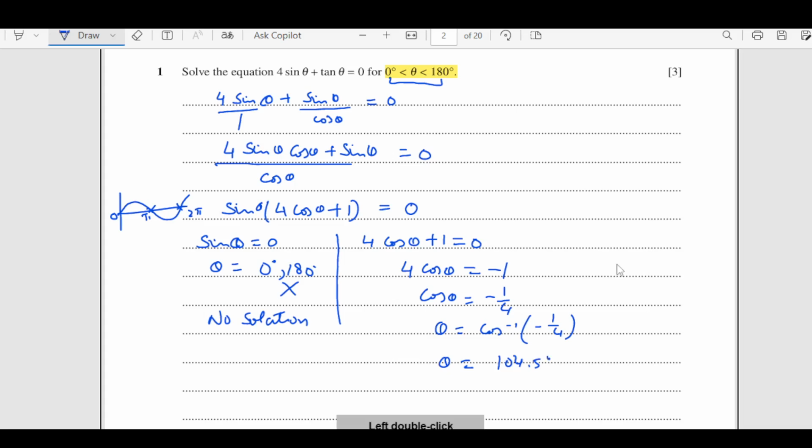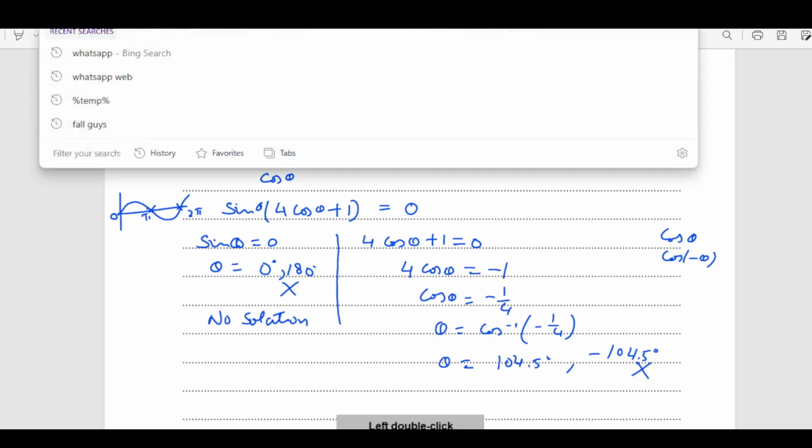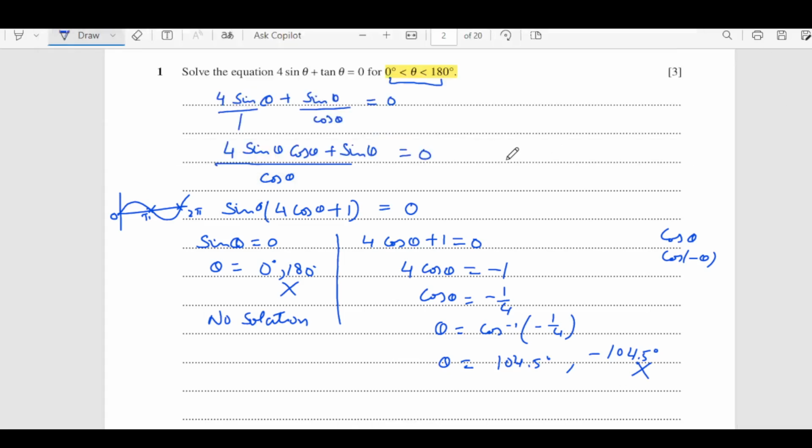Now as you know, for cos, cos theta and cos minus theta are the same, so we will have minus 104.5 degrees also, but we are going to reject this as again the value of theta is less than 180. So the only solution we are left with is 104.5 degrees, right?